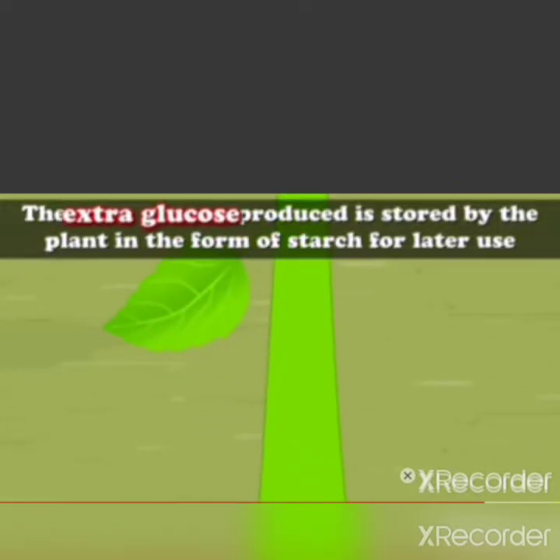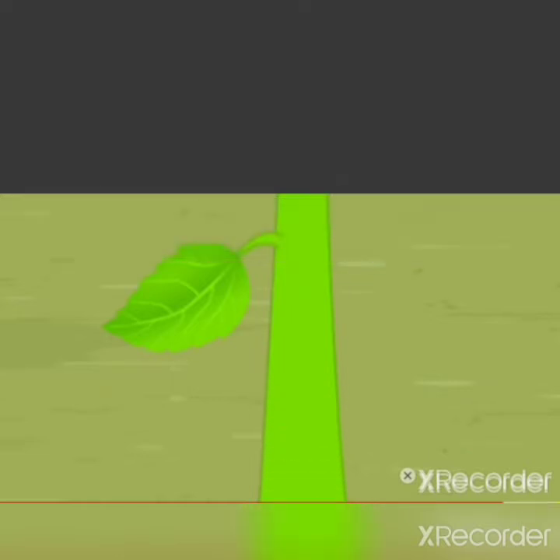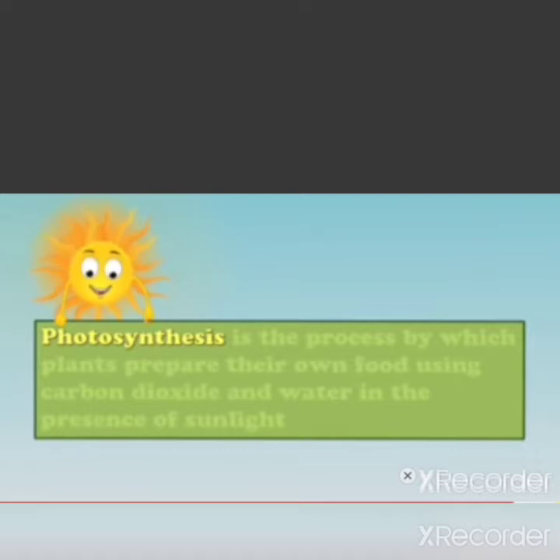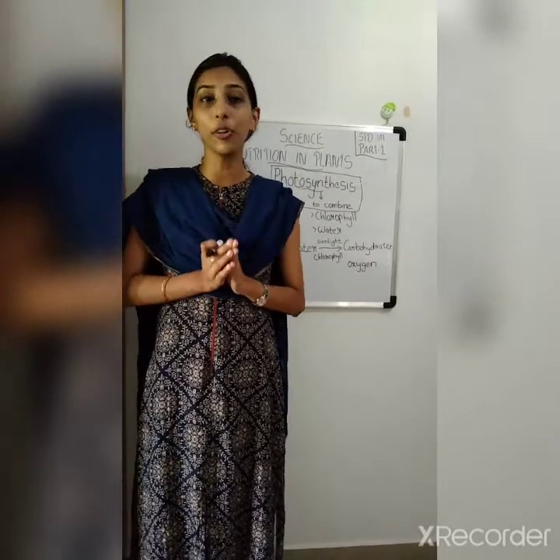The extra glucose produced is stored by the plant in the form of starch for later use. Photosynthesis is the process by which plants prepare their own food using carbon dioxide and water in the presence of sun. I hope you have watched the video on photosynthesis.